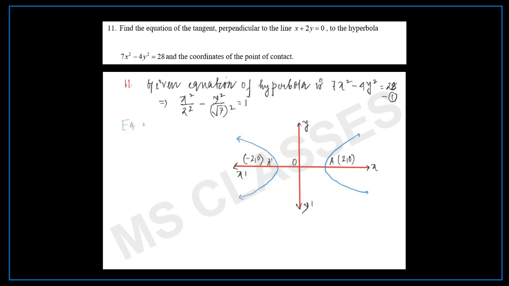So the equation of the given line is y equal to minus x by 2. Now that is something like this.